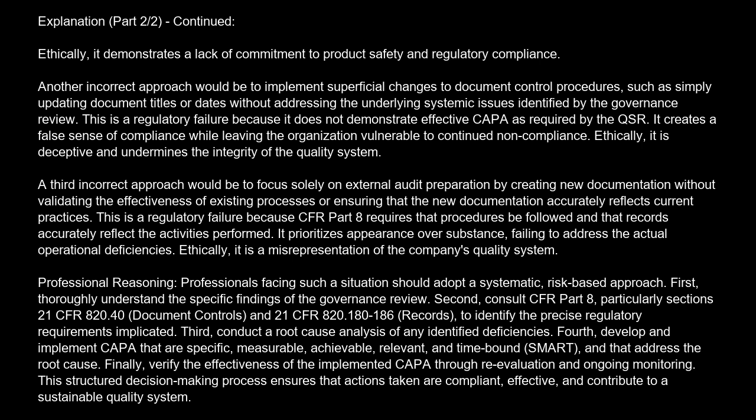Third, conduct a root cause analysis of any identified deficiencies. Fourth, develop and implement CAPA that are specific, measurable, achievable, relevant, and time-bound, SMART, and that address the root cause. Finally, verify the effectiveness of the implemented CAPA through reevaluation and ongoing monitoring. This structured decision-making process ensures that actions taken are compliant, effective, and contribute to a sustainable quality system.